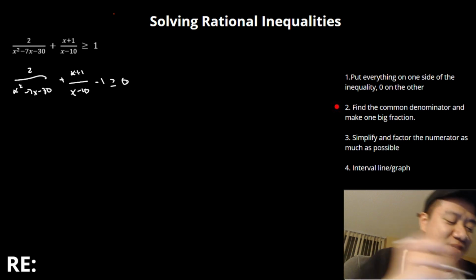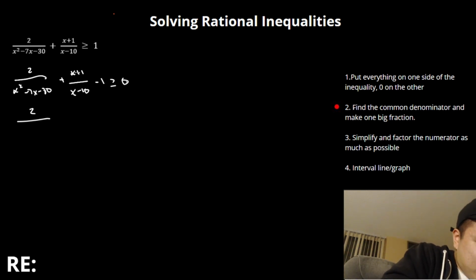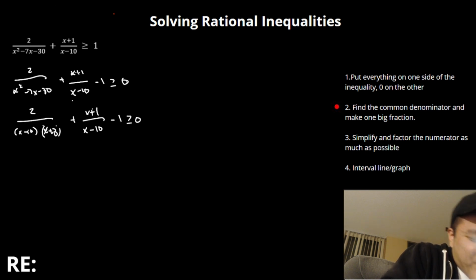So let's do it. We have 2 over x minus 10, x plus 3, plus x plus 1 all over x minus 10, minus 1 bigger or equal to 0.